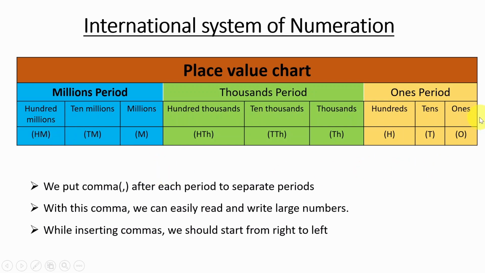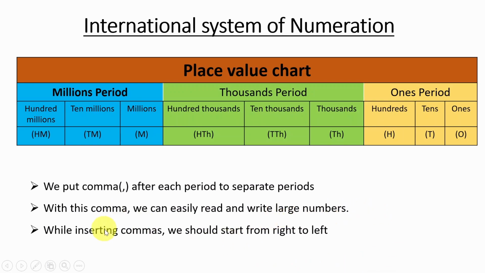Here ones, tens, hundreds belong to one group. That group is called ones period. Thousands, 10,000s, 100,000s belong to one group and that group is called thousands period. And millions, 10 millions, 100 millions belong to one group. That group is called millions period.